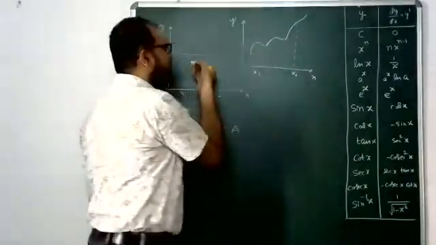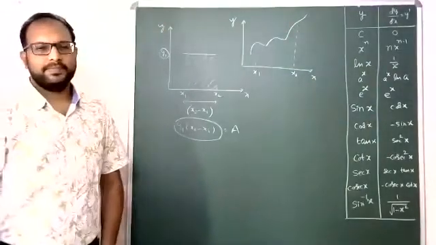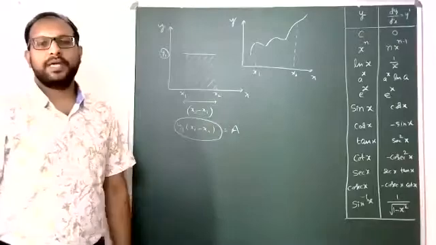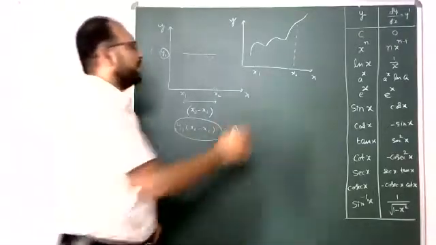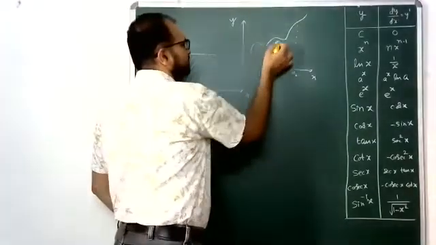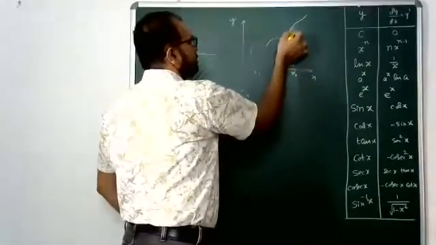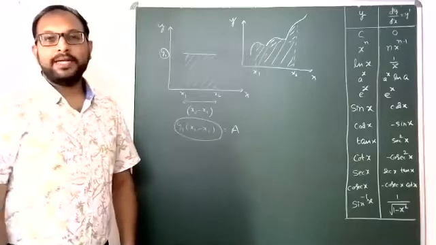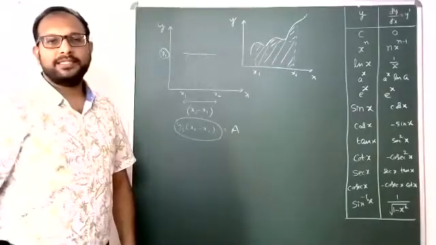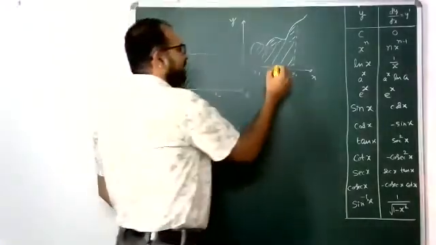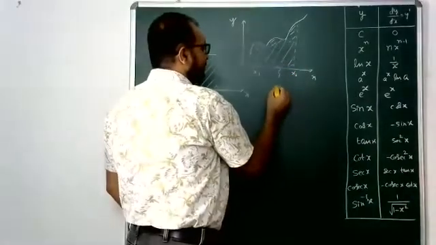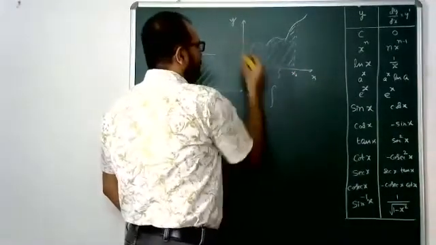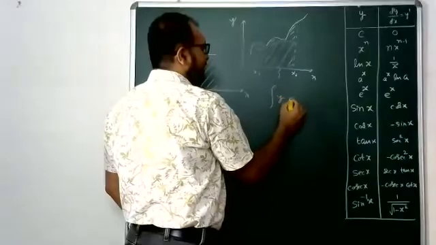This is not now just like a rectangle; it is one curve. The area under the curve means this total area. That total area is our target. This area is nothing but the integral of the function y into dx.